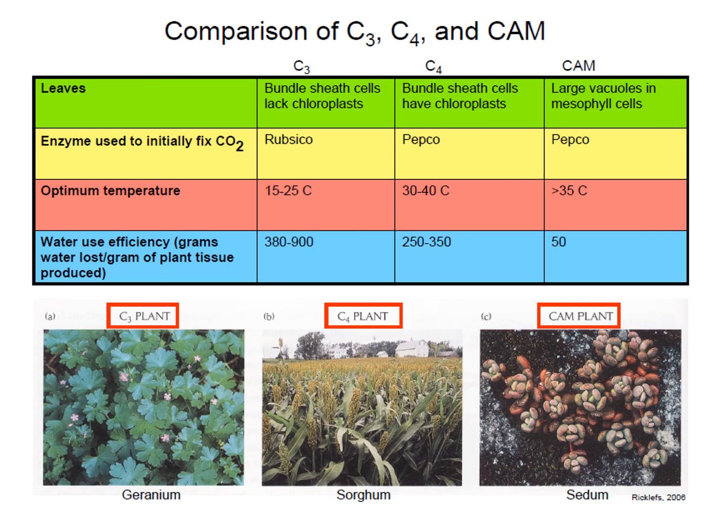In the C4 and the CAM pathway, the enzyme that is initially used to fix the carbon dioxide is the PEPCO enzyme. In the C4 pathway, that'll then get shuffled across to a bundle sheath cell where it breaks back down to carbon dioxide and goes through the Calvin cycle.